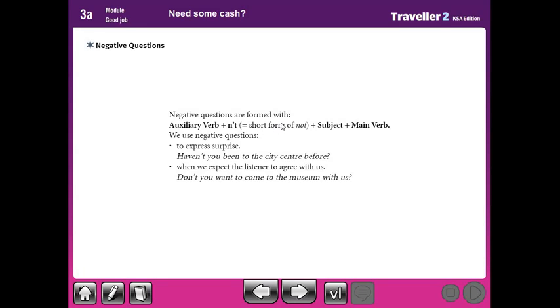Begin a question with doesn't, not does not, a short form of not. Auxiliary verb plus not, short form of not, plus subject plus main verb.